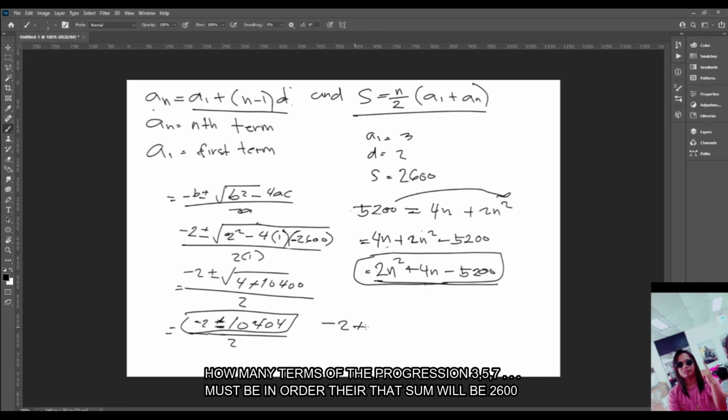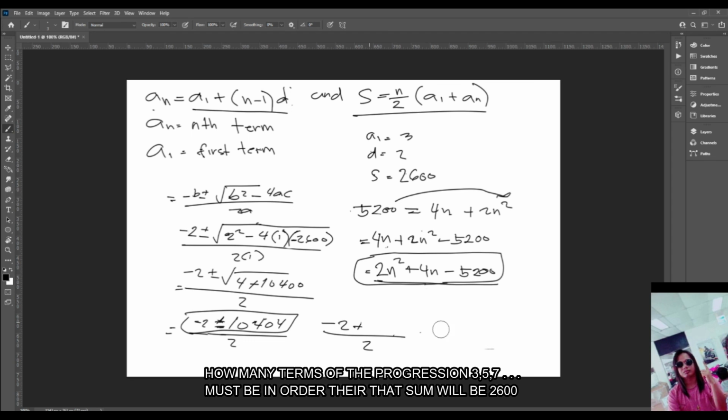So we will try to have it positive. So negative 2 plus 10,404 over 2. Wait, okay. Yeah, 10,402. No. This one still has the square root.